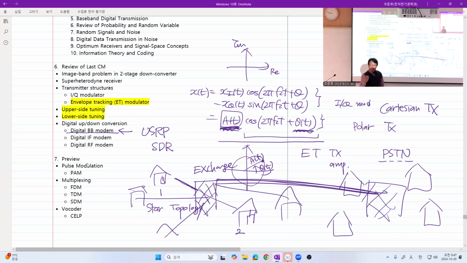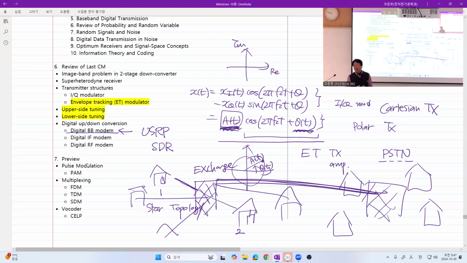However, as the number of subscribers increased, there were too many wires. So the so-called utility pole at that time, called 전봇대 or 전신주, because mostly the wires were carrying telegraph signals, now started to be crowded by telephone lines.